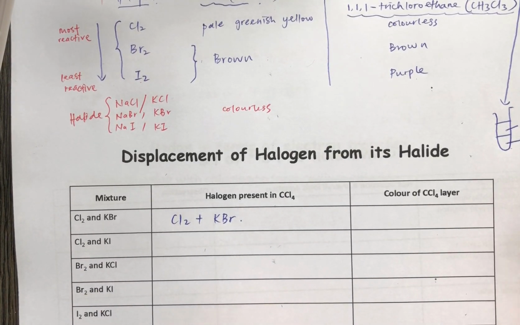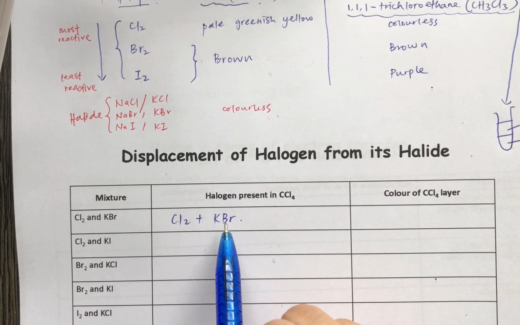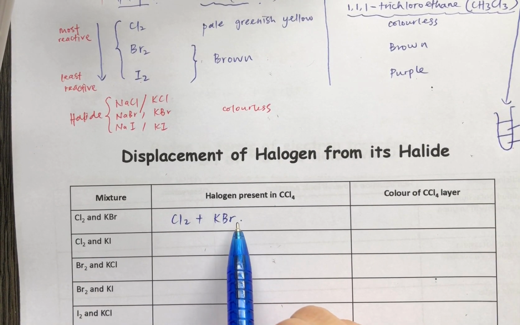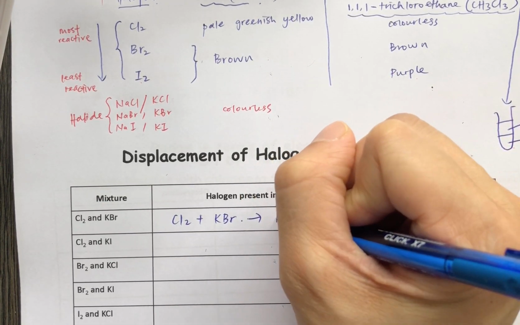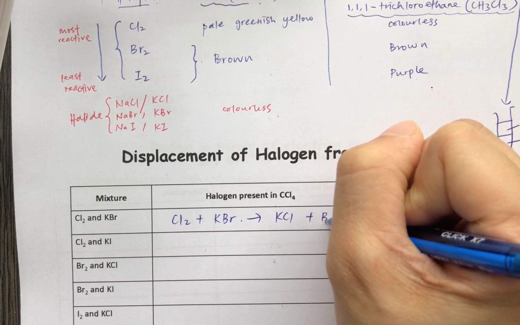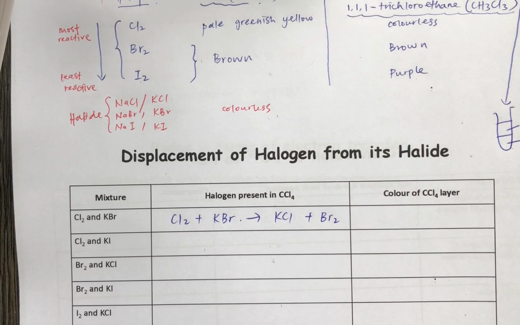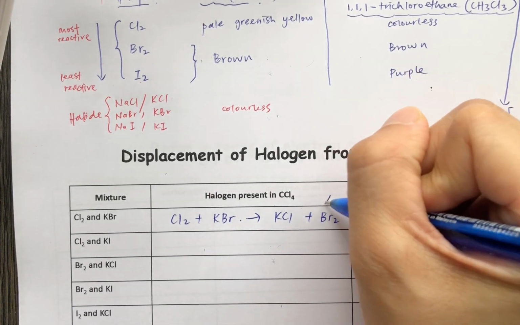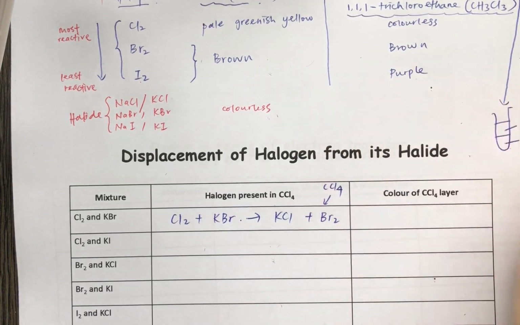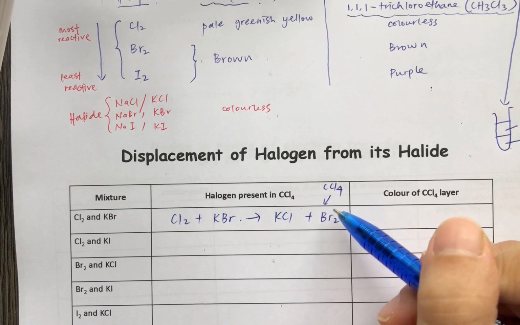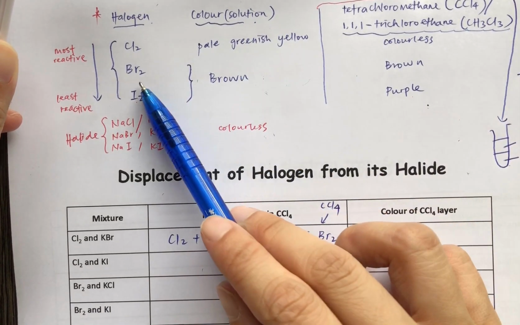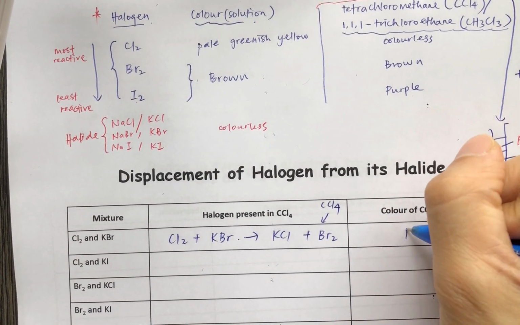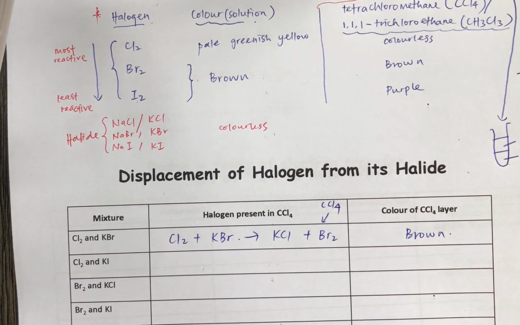The answer is definitely yes, because chlorine is more reactive than bromine, so I'm going to get KCl and bromine. When I add CCl4 to the solution, what is the color? CCl4 in bromine, I will see a brown layer.